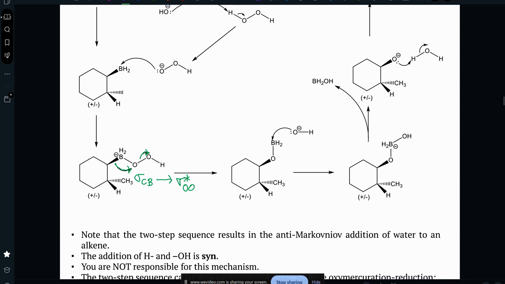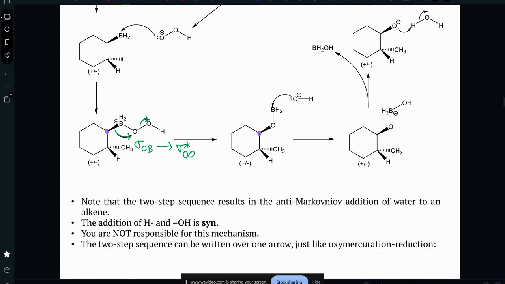So if I consider the carbon here that I'm highlighting in purple, whatever stereochemistry it had with that carbon-boron bond, it's now going to have the same stereochemistry with the carbon-oxygen bond. So effectively, the overall result here is we're doing a syn addition of H and OH, and it's anti-Markovnikov.